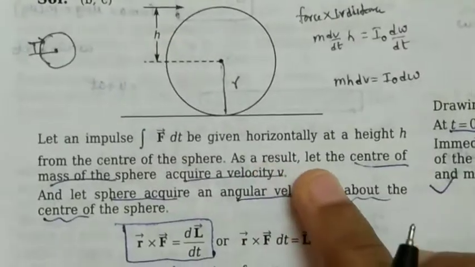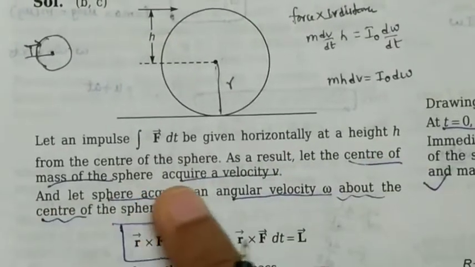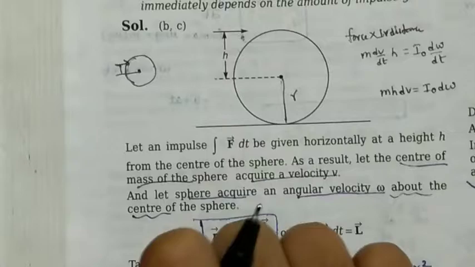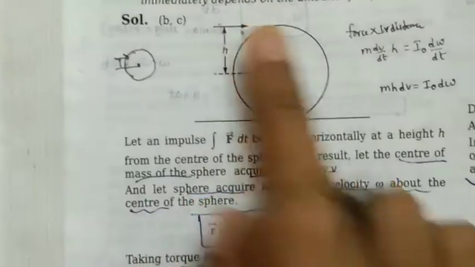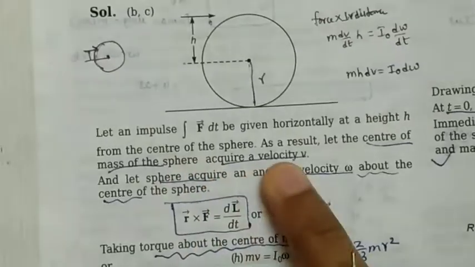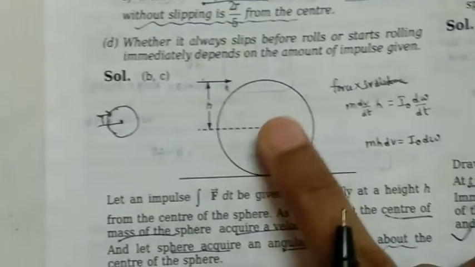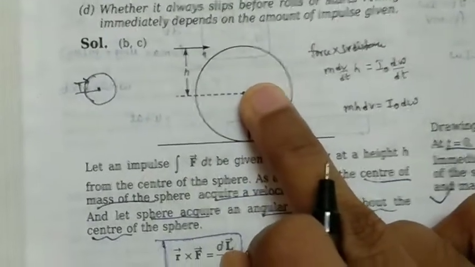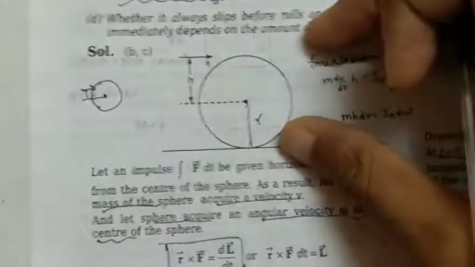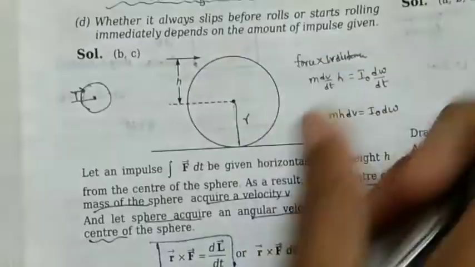As a result, let the center of mass of the sphere acquire a velocity v. Because of the application of a short-duration force, the center of mass of the sphere acquires a velocity v. It would acquire velocity because of skidding, or else because of rolling of the sphere.